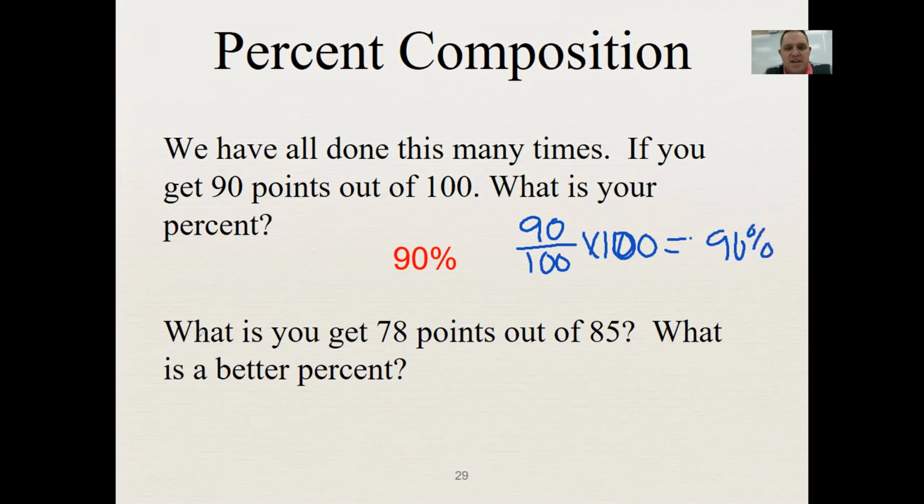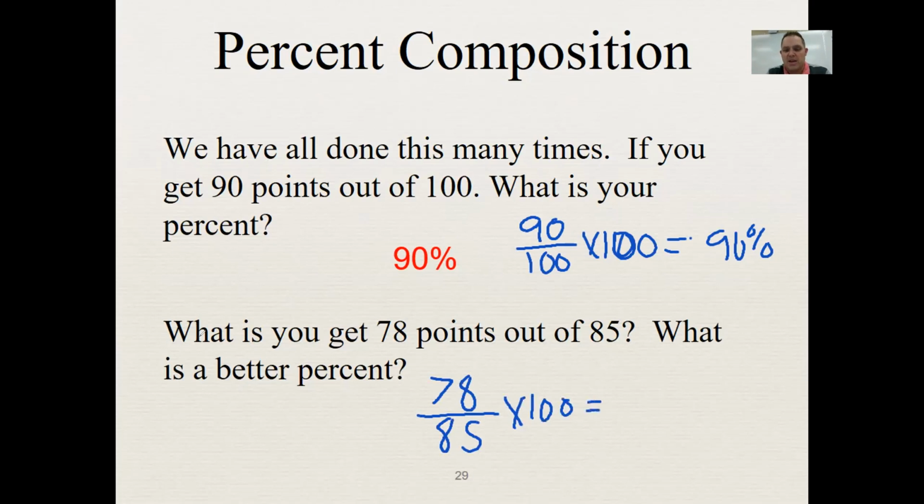So now let's look at the next one. Say your test wasn't out of 100, because 90 out of 100 is kind of an easy one. What if we got a 78 out of 85? Well, the same idea, and the question is, which one's a better percent? 90 out of 100 or a 78 out of 85? So let's do our math. 78 is what we got out of a total of 85 times 100.